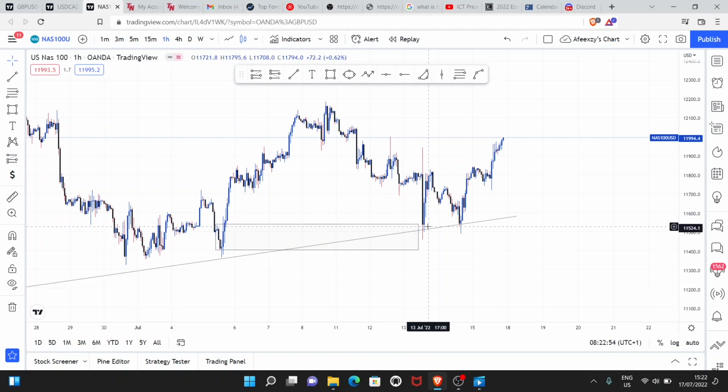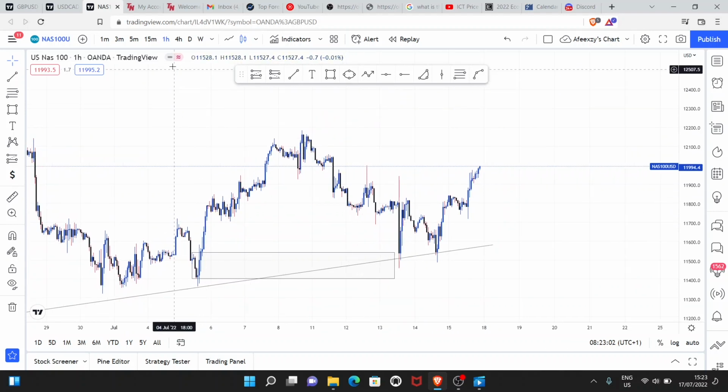So on this bounce, you can take a long from here. But I'm also bullish on Nasdaq. For the meantime, I'm bullish on Nasdaq because this is a very clear view showing that it bounced on the trend line. And after bouncing, it didn't clear out the liquidity though, but Nasdaq mostly follows S&P.